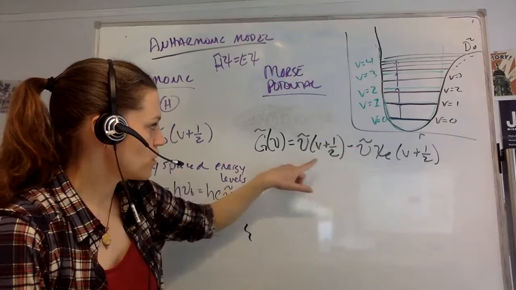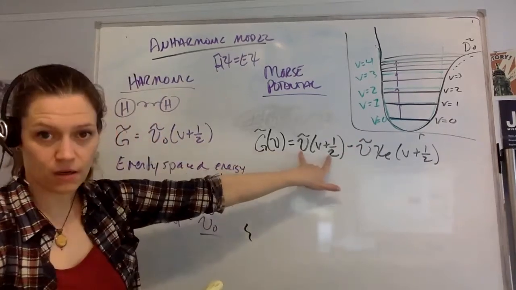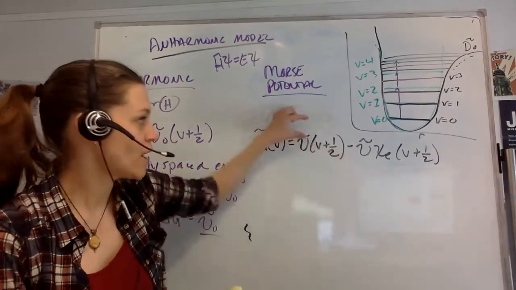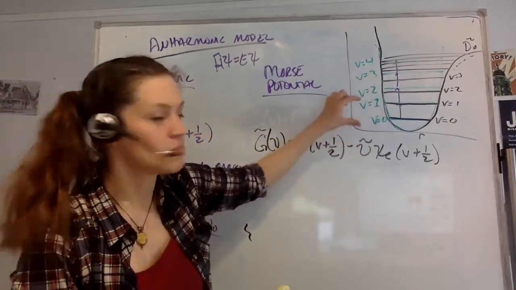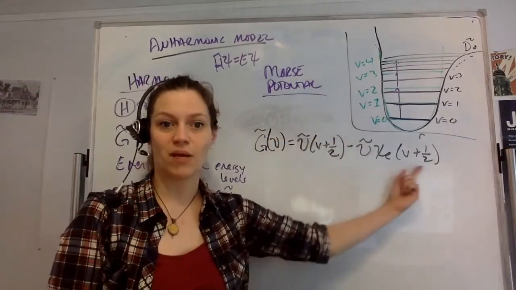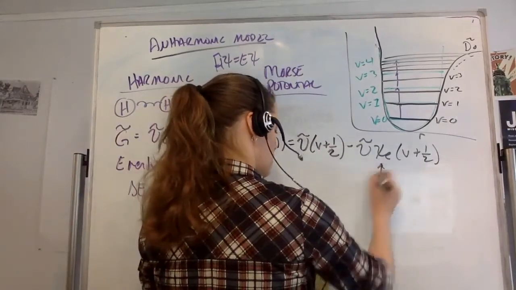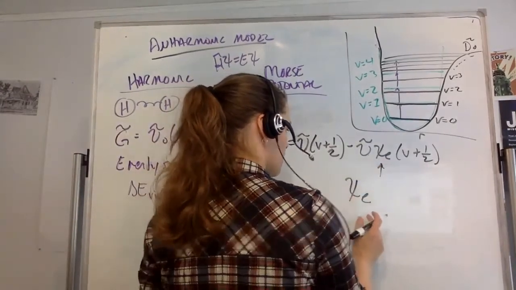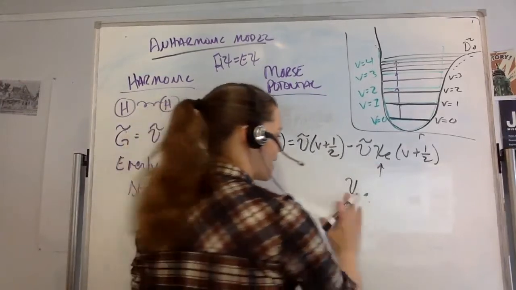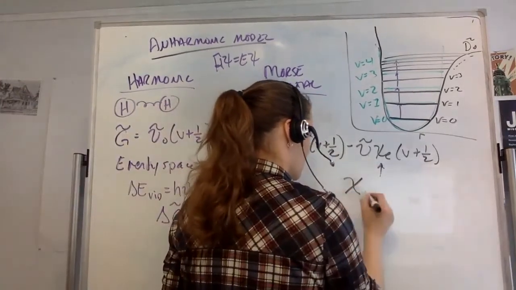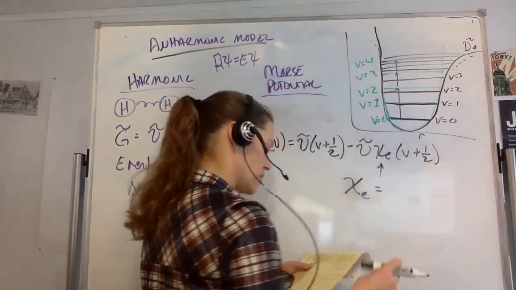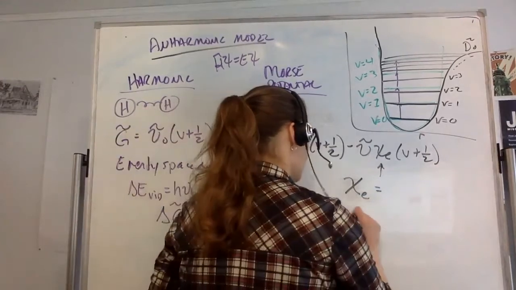Okay, so I've got the same term there, but now I'm losing a little bit. Every one of these is going to be smaller and smaller because this is going to get bigger and bigger. And this, that's a fancy x, it's a chi, is called the anharmonicity constant.